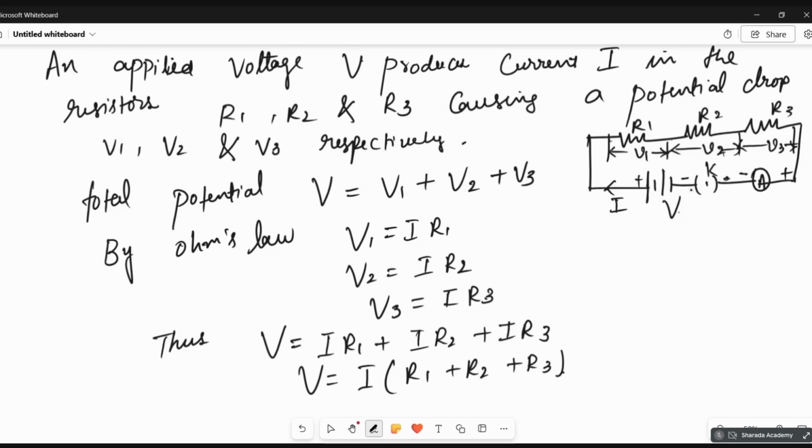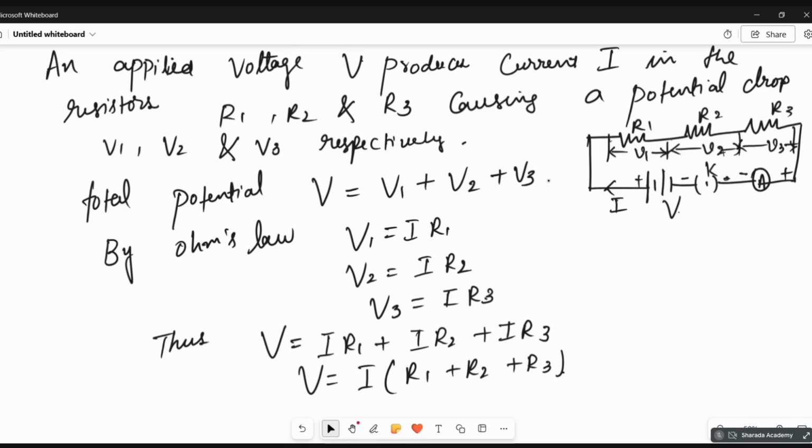And whatever voltage we have applied, that only will be there here, right? It can't be more than that. So by law of conservation of energy, total voltage V will be equal to the voltage across R1 plus R2 plus R3. That is V1 plus V2 plus V3.